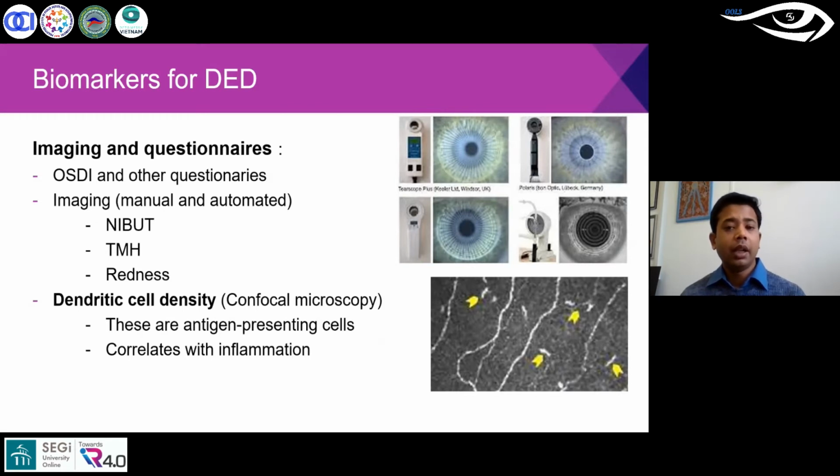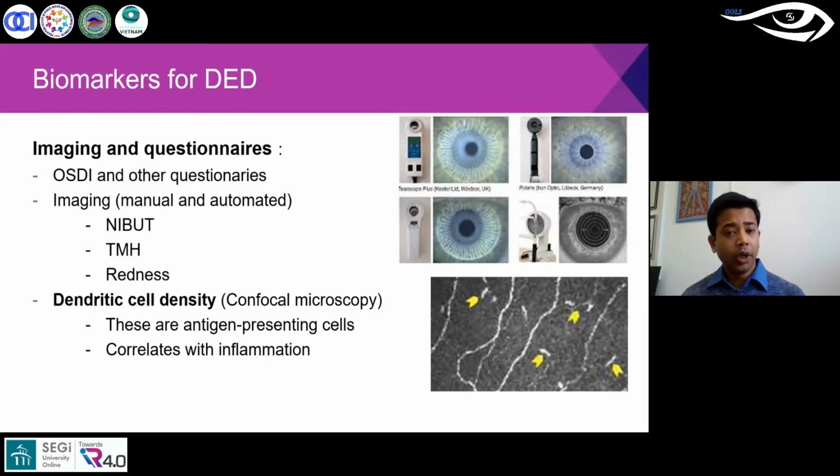But remember, that doesn't really say anything about what underlying problems are going on. The patient is not feeling it, or they might still have signs in the eye which are not reflecting in symptoms. Imaging, non-invasive breakup time, tear meniscus height, bulbar redness.